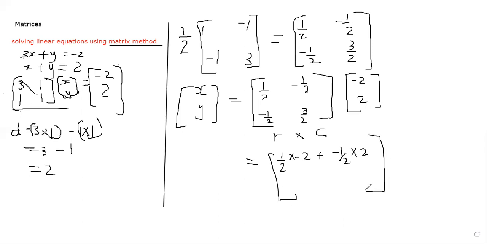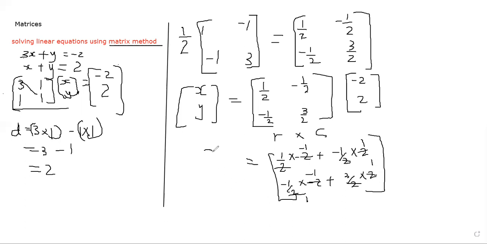Coming downwards, we'll have -1/2 times -2 plus 3/2 times 2. So this 2 cancels that, becomes -1. This 2 cancels that, becomes 1. Down here, this 2 cancels, 1 goes there, -1. Therefore the 2 goes with this, becomes 3.